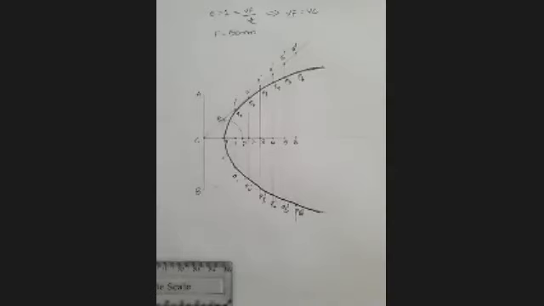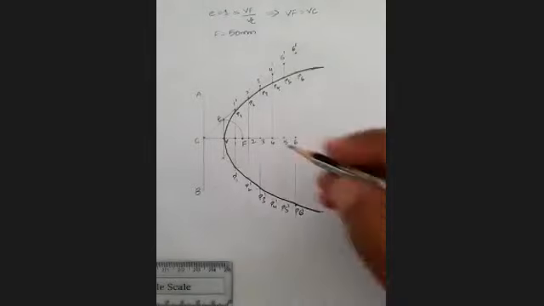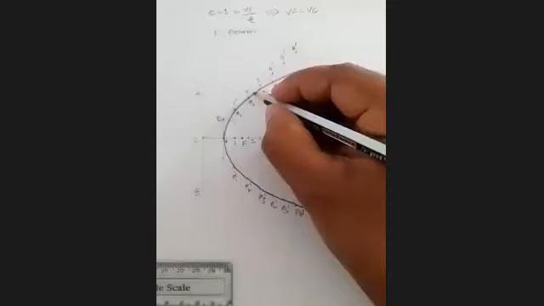Now we need to draw the normal and tangent to this curve. To draw normal and tangent, select a point P anywhere on the curve. So I'm selecting a point P here on the curve.